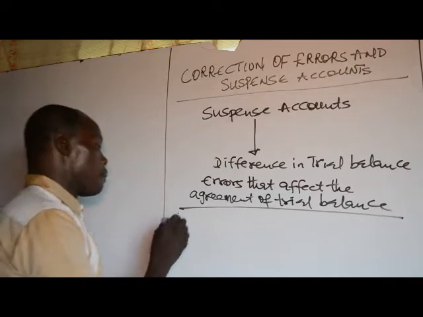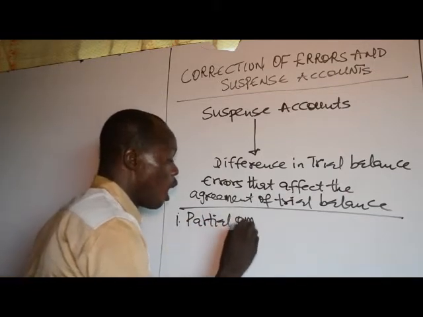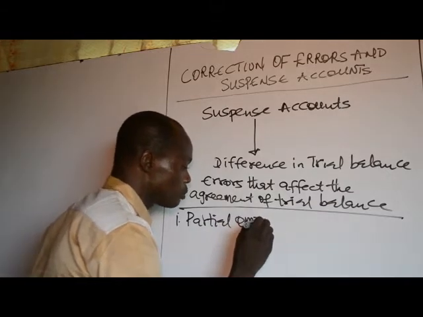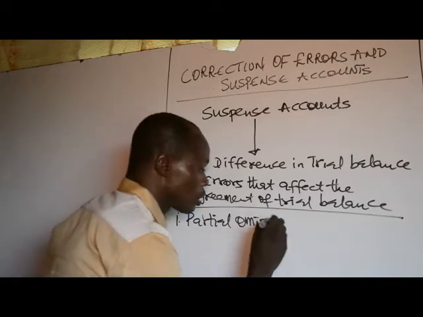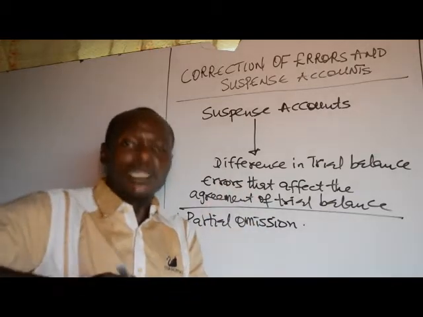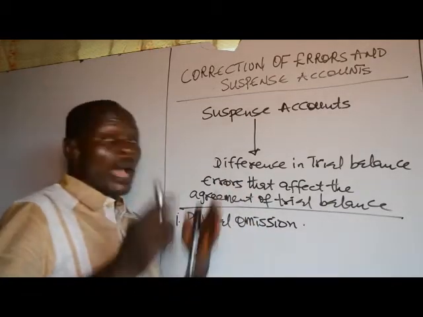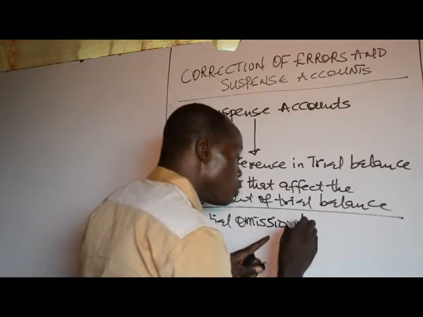Number 1, partial omission, or one-side omission. That is, where only one aspect of double entry is kept.